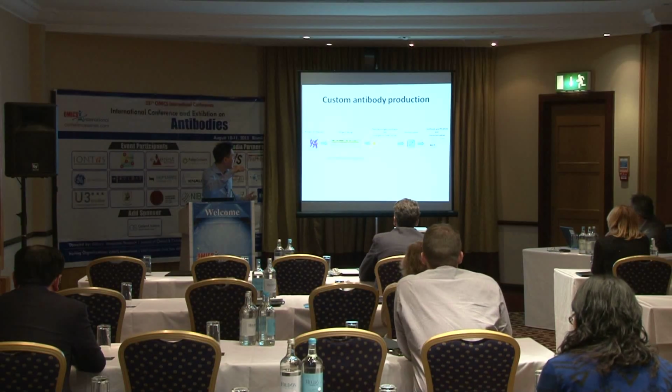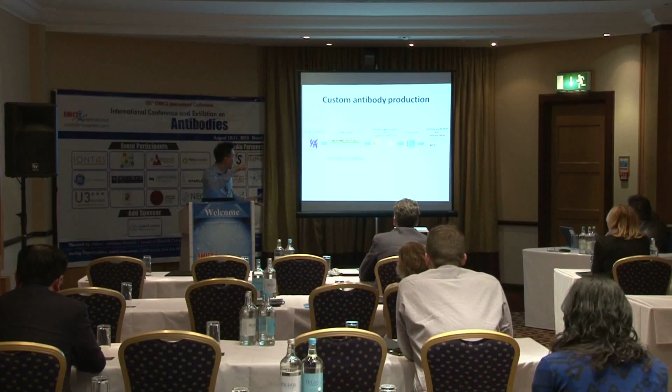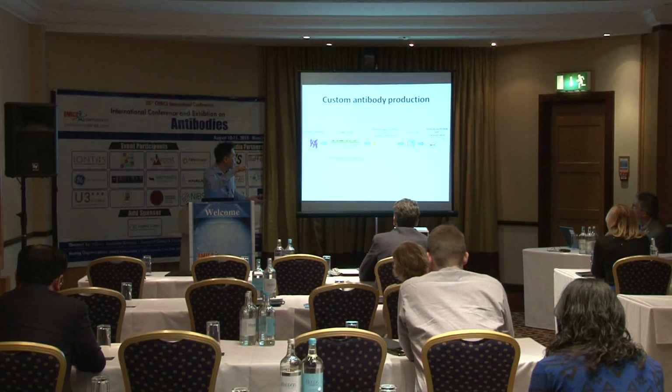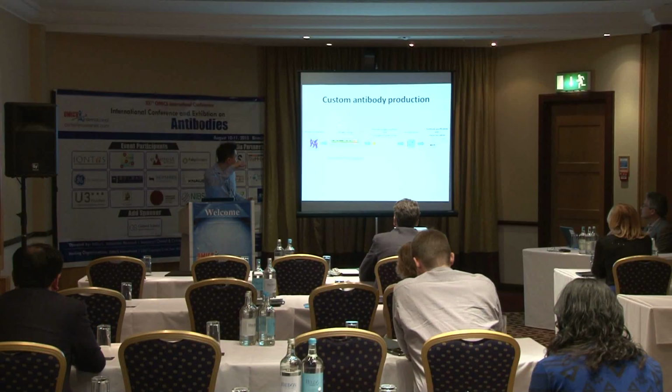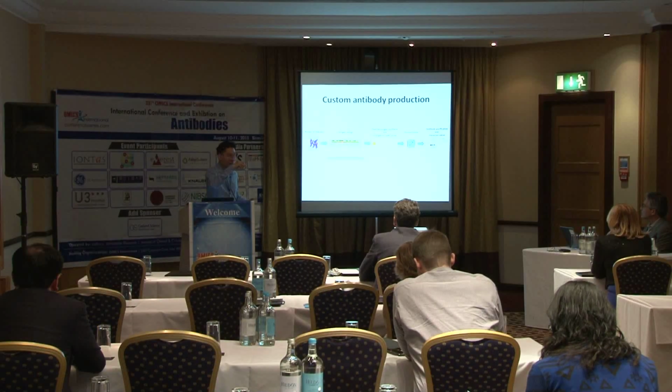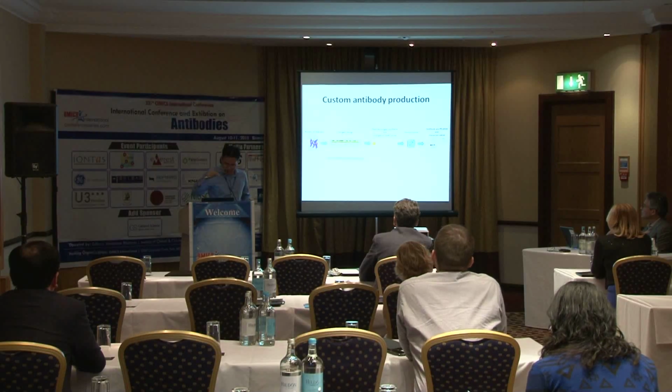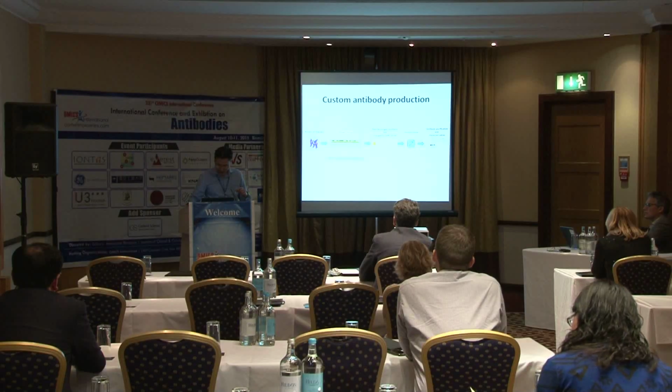Once you have the peptide, you immunize the animal, and then you validate it. My main focus here is to explain this step, basically antigen design, or selection of the antigen.